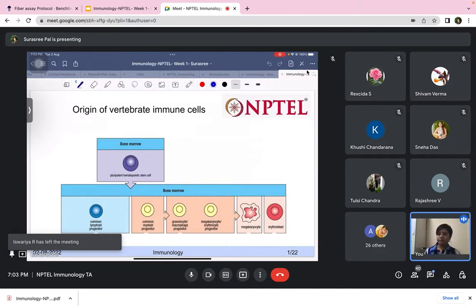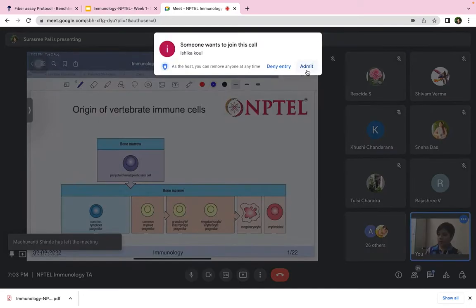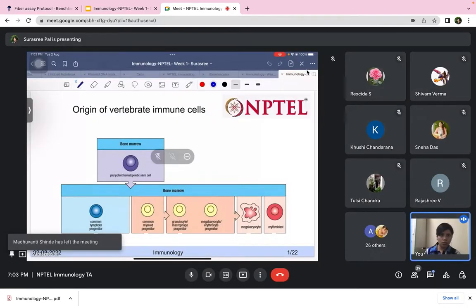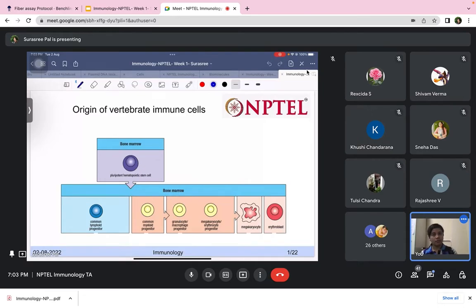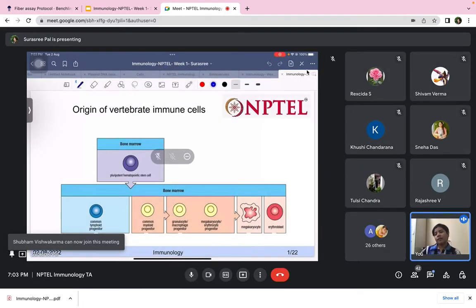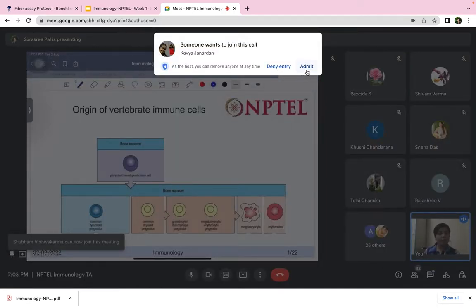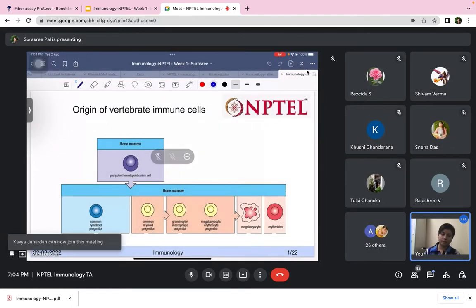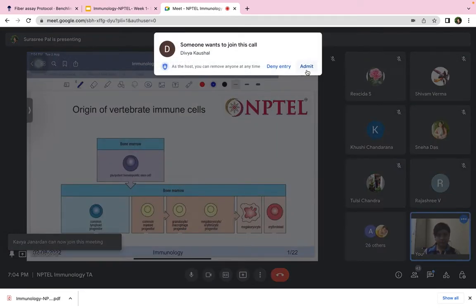After going through week one's content, you may understand that immunology is talking about this system of immunity in our body that protects us from several pathogens, right? And what are our weapons in this immune system?